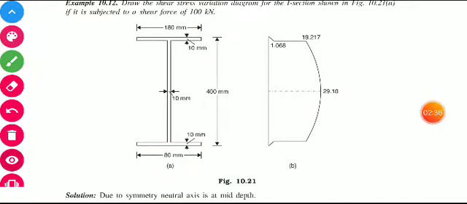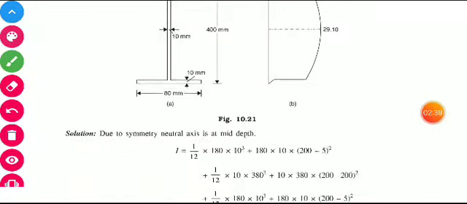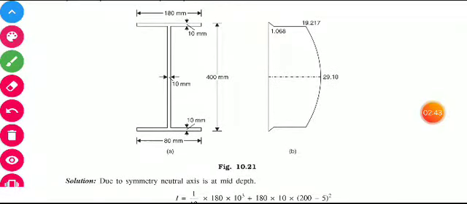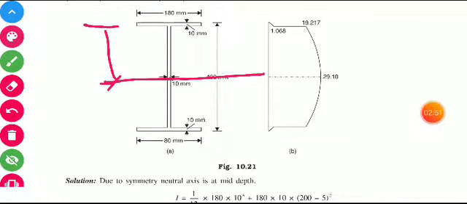So for the first rectangle, 180 into 10 is the bd cube by 12, plus 180 into 10 into 200 minus 5. That means we take the neutral axis here, and from the mid, 10 by 2, that means 5.